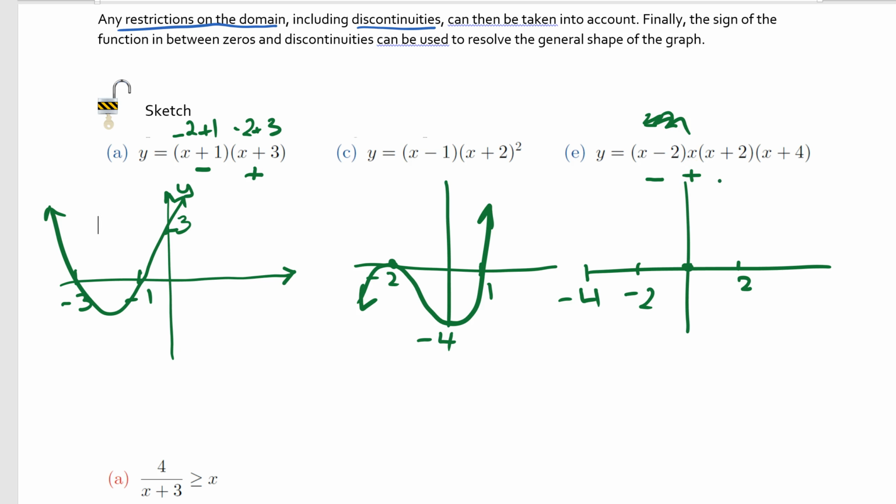This one, the x is just positive, this one is positive, and this one is positive. So I've got a negative times 3 positives, so I'm going to get a negative. I haven't got any idea of the scale, but I know it runs that way in general. It doesn't mean that all of those bumps are at even heights, but I know that's the general shape of it.